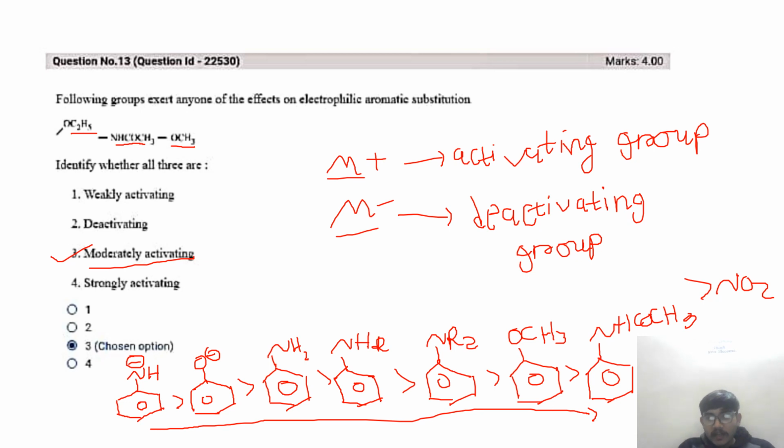Continuing after NHCOCH3, it starts with OCOCH3, and then comes the carbonyl, which is ketone, then aldehyde, then carboxylic acids, and last it comes to NO2. So remember this.